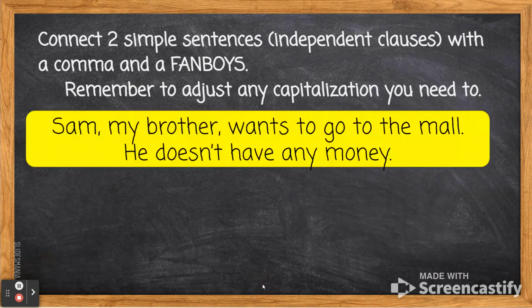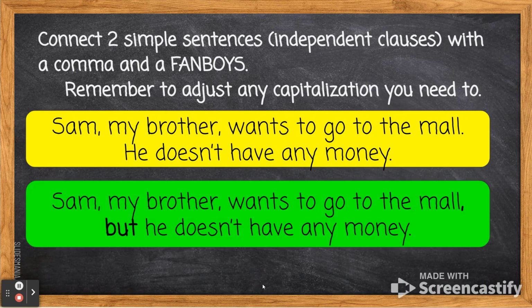Let's do another example. Sam, my brother, wants to go to the mall. He doesn't have any money. So now I've said, Sam, my brother, wants to go to the mall, but he doesn't have any money. Again, I've put the comma after the first independent clause, then the FANBOYS I want to use, and I have adjusted any capitalization that I might need to.